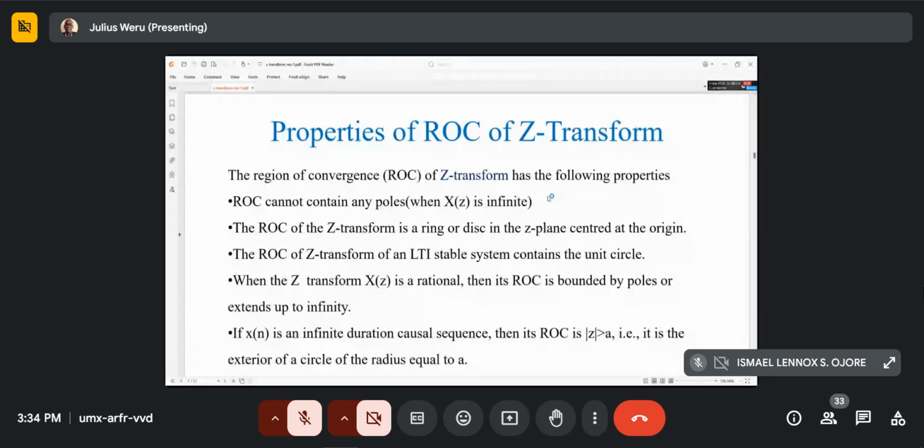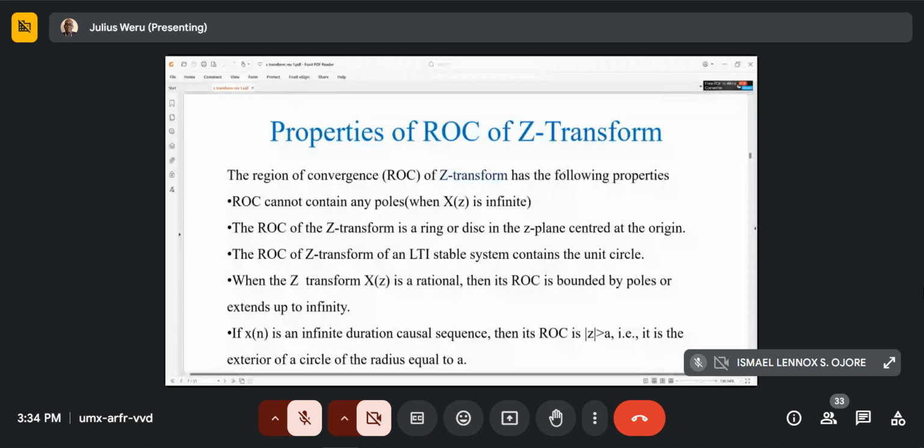In the Laplace transform, the plane is basically Cartesian.